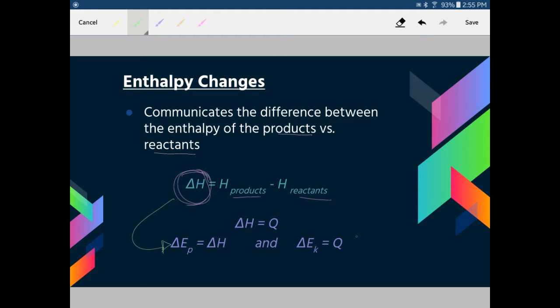When we're talking about vibration of particles, increased heat means increased vibration, and potential energy is the stored energy in bonds. Because of the conservation of energy, we can state that our change in enthalpy is equal to the change in our thermal energy, or our heat transfer. So we can use what we know here to calculate a variety of things.